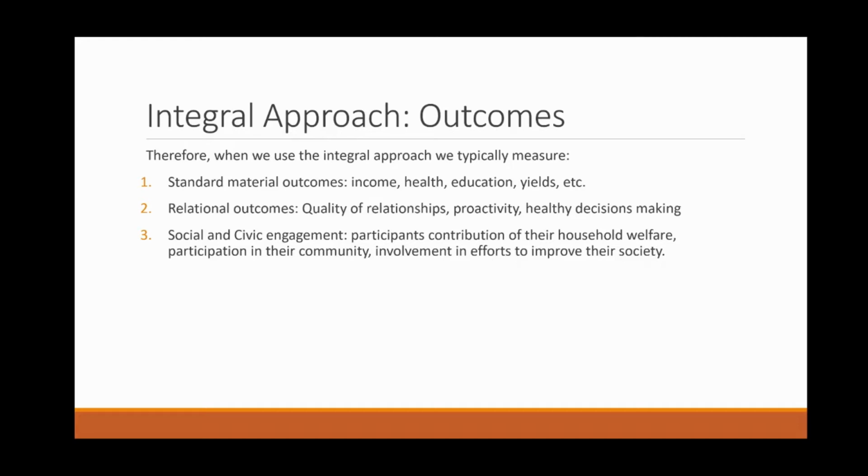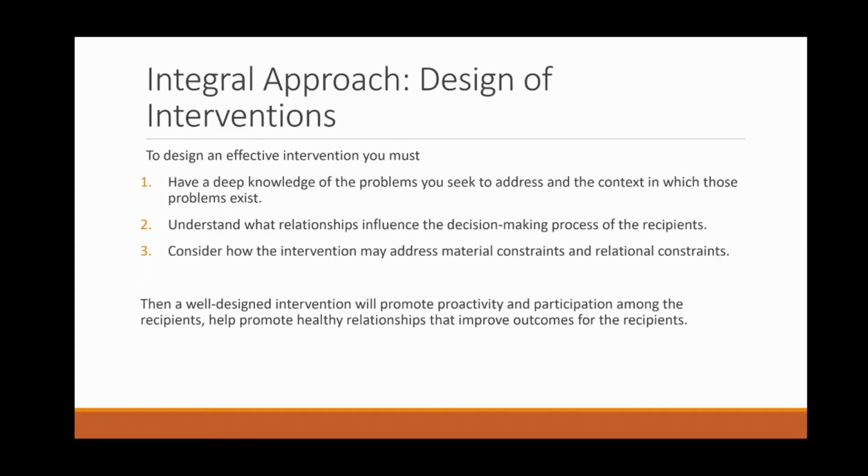So we'll typically measure social and civic engagement that measures participation or participants' contribution to the well-being of members of their household, well-being of members of their community, and their participation in their greater society. Okay, so when we use the integral approach, we broaden the outcome variables that we use.